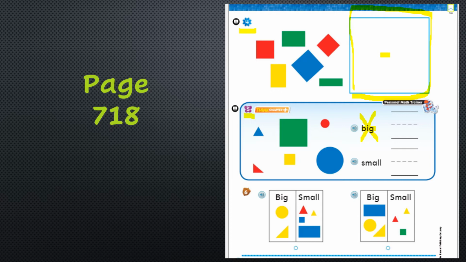Then count them, and right next to the word big, write how many big shapes there are. Then go back and circle all of the small shapes that you see here, and then count them and write how many small shapes you see.